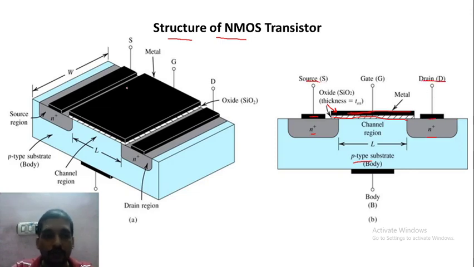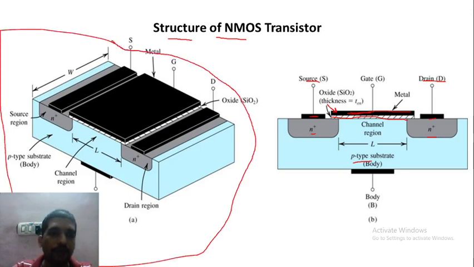If we see its 3D view, this is our substrate. One step is that we have to grow this thin oxide only for the region where the channel is. One thing not shown in this diagram is the thick oxide, which we also need to grow on both sides, because a number of transistors are there.